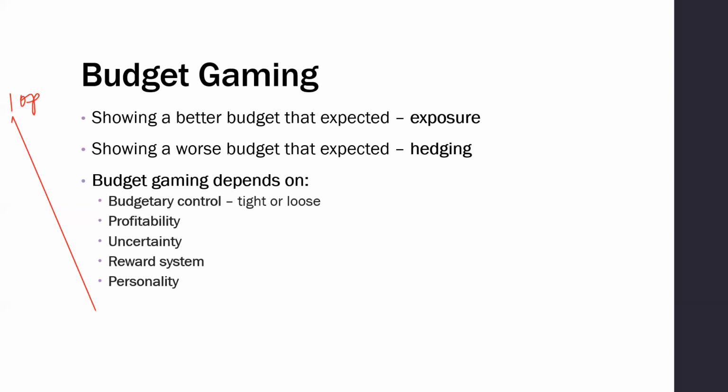Obviously, profitability too. Okay? If the profitability of the organization is high, there's a higher propensity to hedge, okay? Or to pad their expense budget, because the company's income is high anyway. Okay? If the company's income is low, there's a propensity for exposure. Right? Our profit is low, so let's add more sales, we can probably do it. So, profitability affects budget gaming.